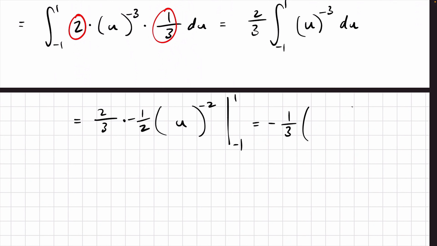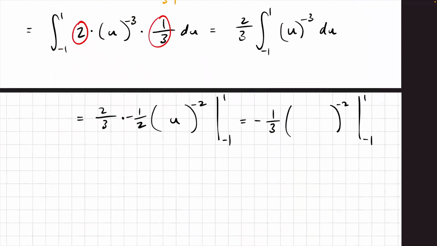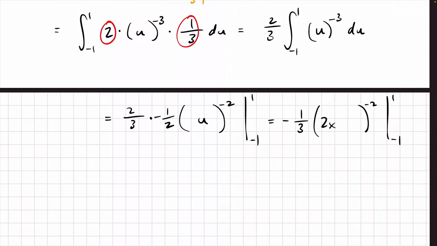Move u back in. u was 2x cubed plus 3. That's the antiderivative. Negative 1/3 times (2x cubed plus 3) to the negative 2 power. Step 1 done. Step 2.